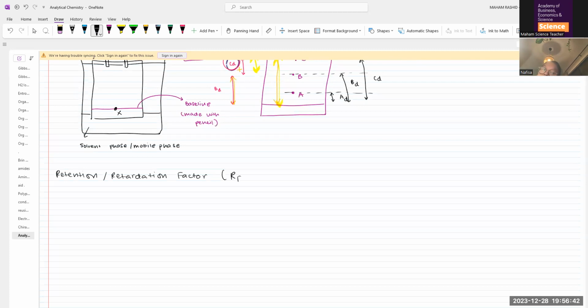This is denoted by RF, and the formula for RF is, for example, we're taking out the retention factor for A. So the formula is distance traveled by spot A upon the distance traveled by solvent front.